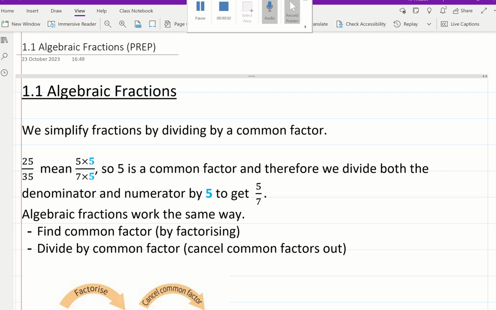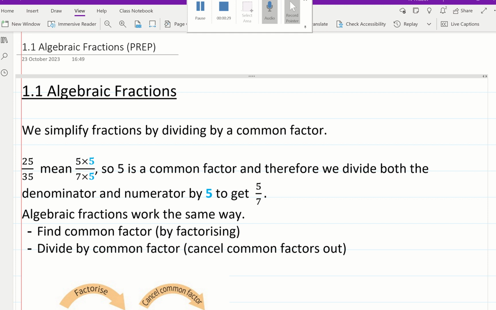In this video, I'm going to go through P2 and its chapter 1 in section 1.1 Algebraic fractions, which is mostly a revision of the IGCSE material. So to simplify fractions, we have to divide by a common factor. If we take the numerical example 25 over 35, this can be broken into 5 times 5, which makes 25, and 7 times 5.